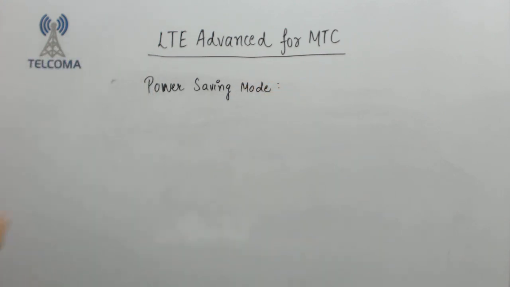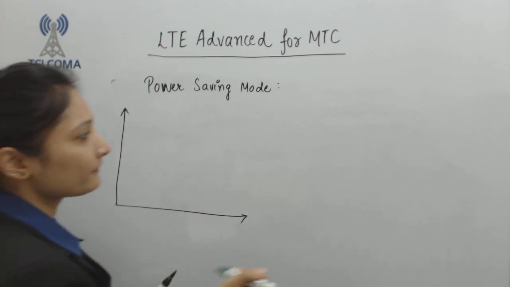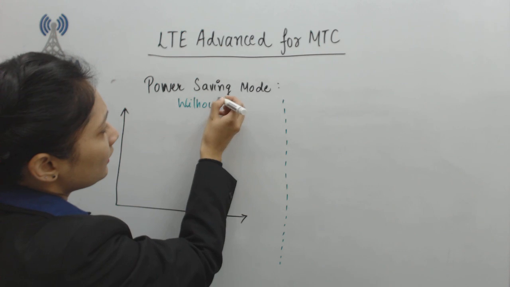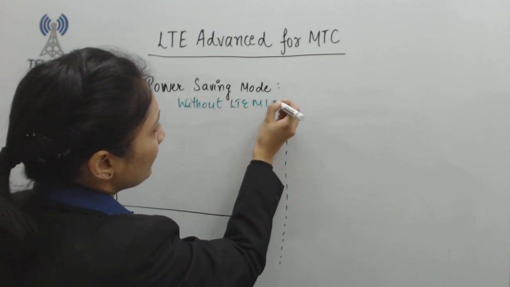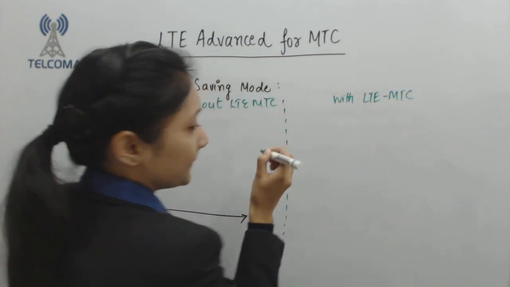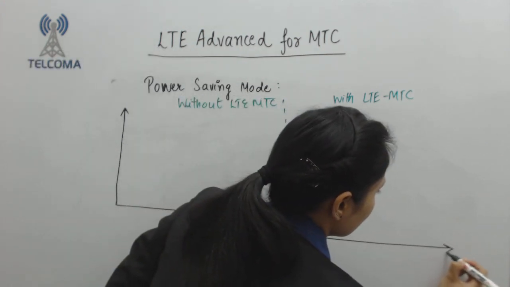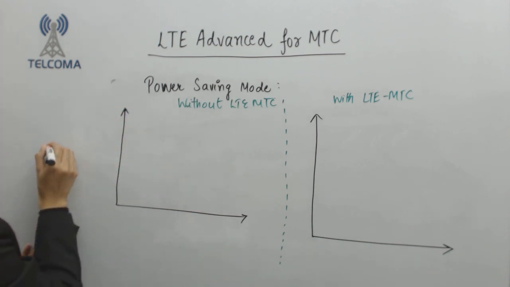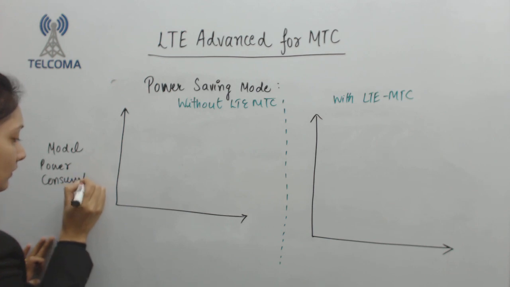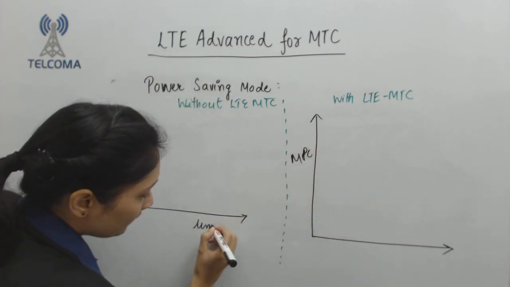So I have one case here, which is without LTE-MTC, and the next which I'll draw here is with LTE-MTC. Now on this axis I have the modem power consumption, MPC, and this is my time axis.